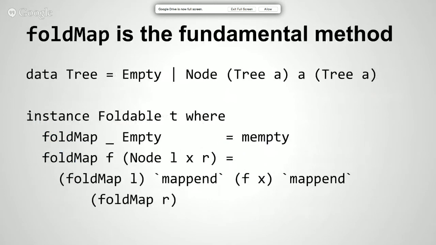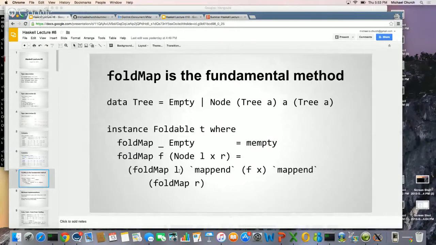So on a tree, this is an infix tree. You've got a left branch, a right branch at each node, and then you've got a value. We say that foldMap on the empty tree, it doesn't matter what the function is, it's just mempty. And foldMap of f on a node is the result of foldMapping on the left, and I need to put an f there, so let me fix this right now.